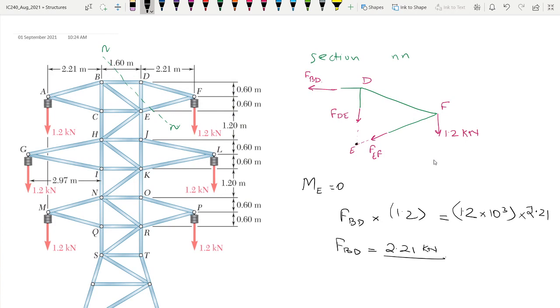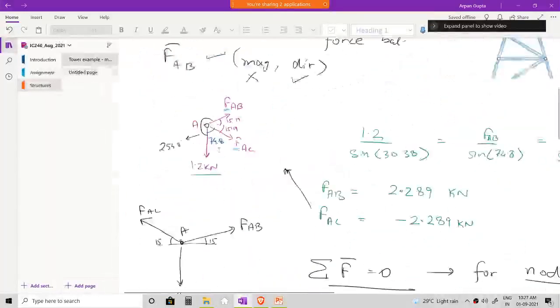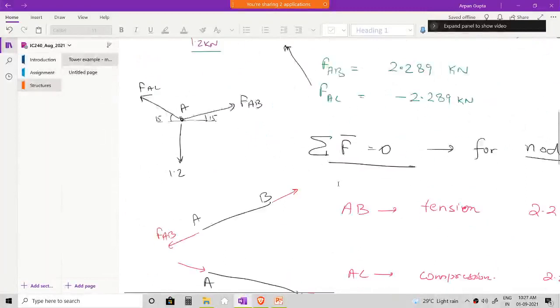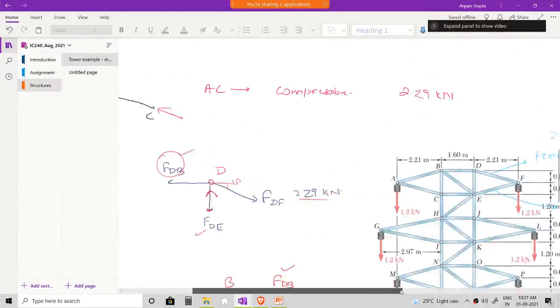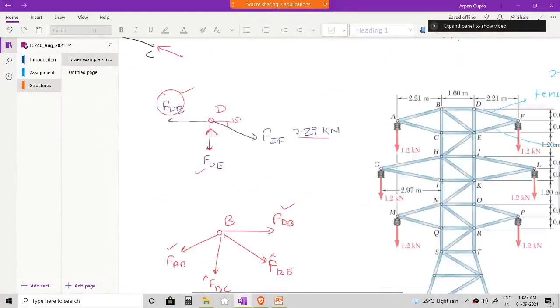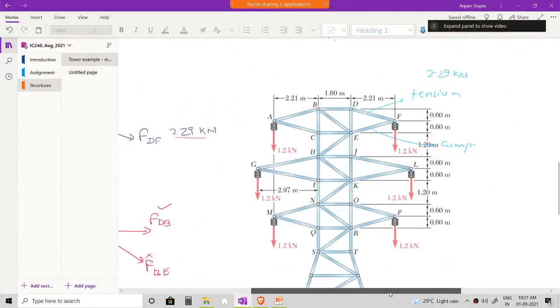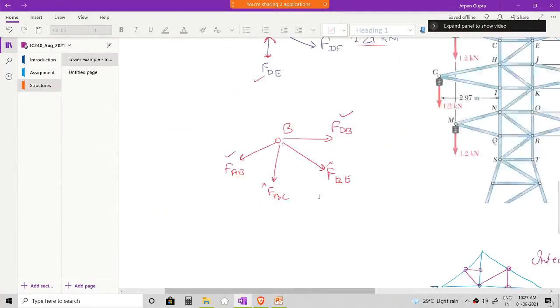So it simplifies the method quite quickly, right? So you can see this FBD, we were able to obtain it somewhere here, and it will turn out to be the same number.